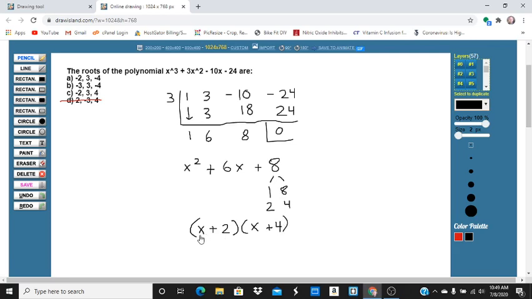Now remember, when we're looking for the roots, it's when the polynomial is equal to 0. So now we can set each of these individual factors equal to 0 and solve. So x plus 2 equals 0. We're going to subtract 2 from both sides, and we get x equals negative 2.